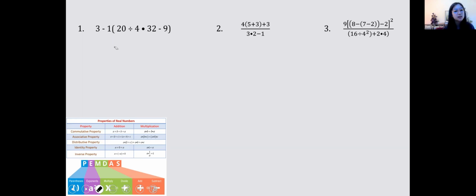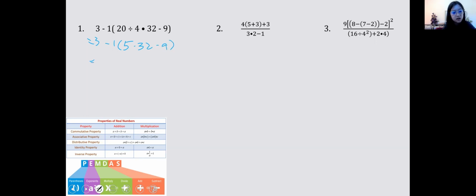And because there are no exponents, our next step will be doing the multiplications and divisions. So here, we will first do 20 divided by 4. So now the equation turns into 3 minus 1 times (5 times 32 minus 9).